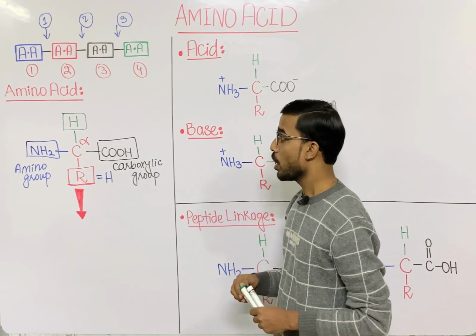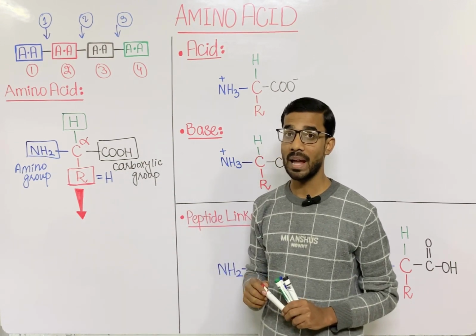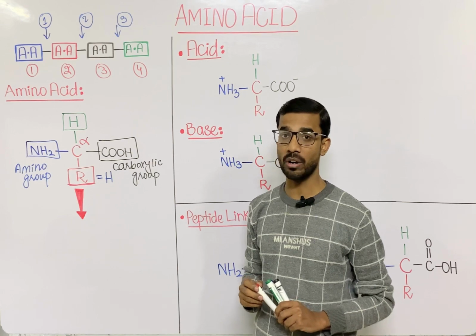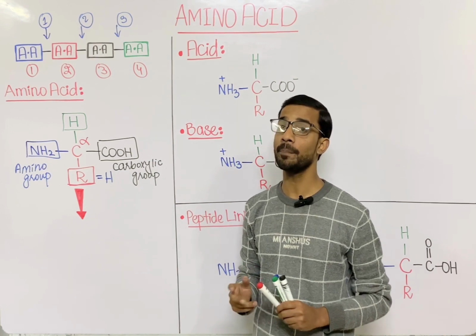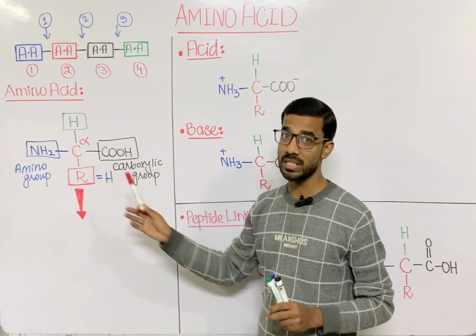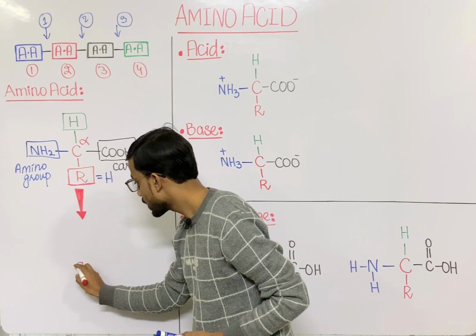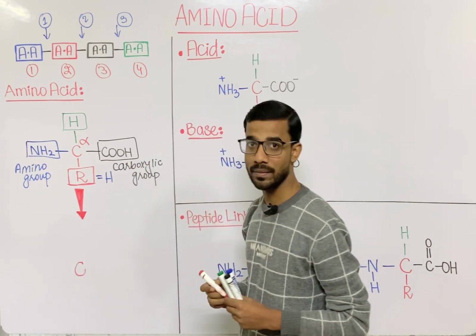This is the normal structure of the amino acid, but at the physiologic pH, or at pH 7.4, you will see some changes in the basic structure of the amino acid. The central carbon will remain the same.